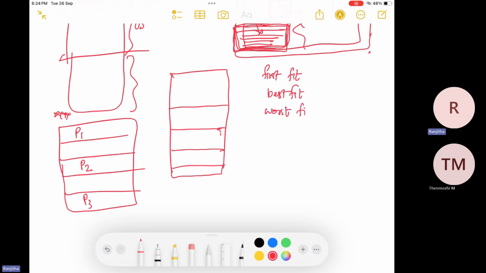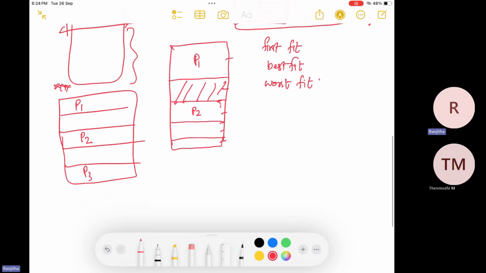In first fit, if P1 is coming, P1 will check which block is free, and whichever is the first free block that can accommodate P1, it will occupy that block. Then P2 will come, and if this block was already occupied, P2 occupies the next one. Like this, one by one, in the order they come, they check the availability and occupy it. That is first fit.